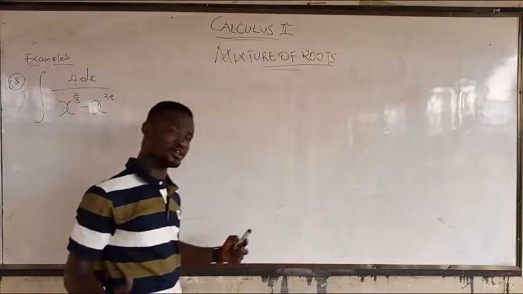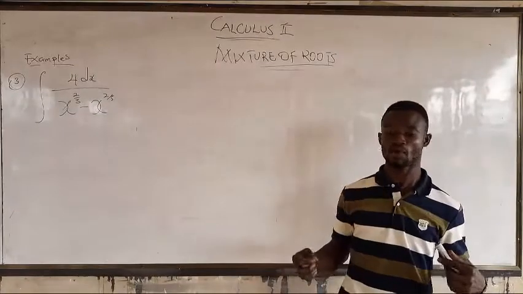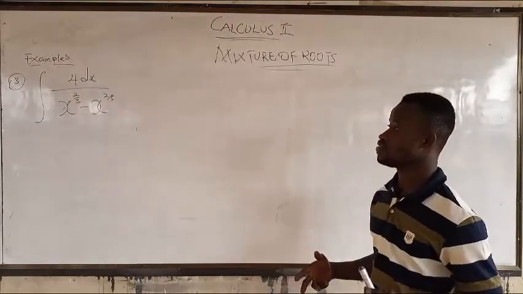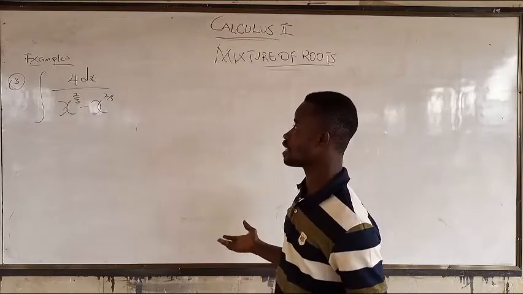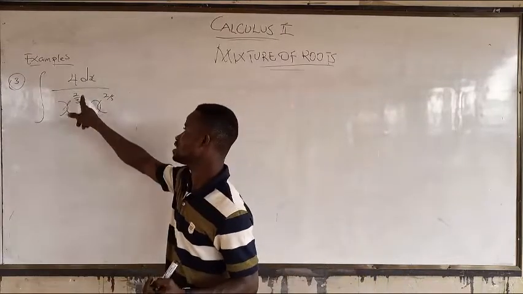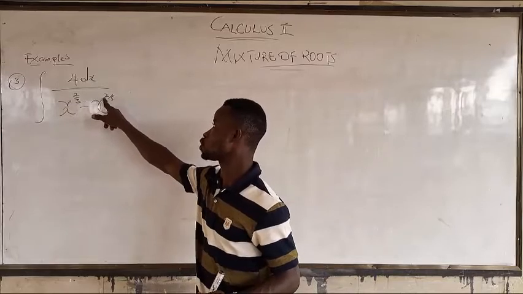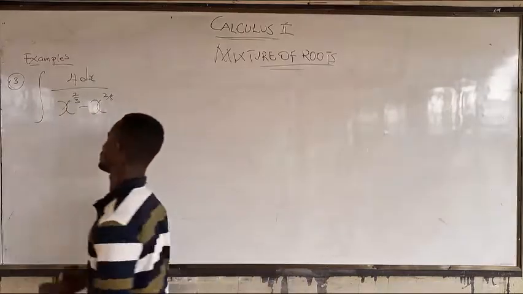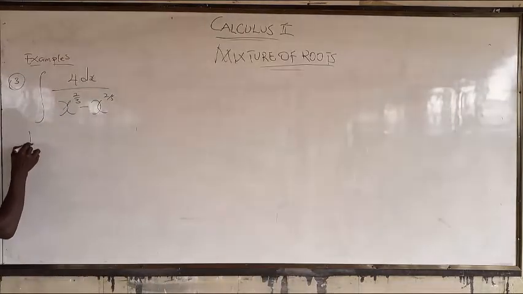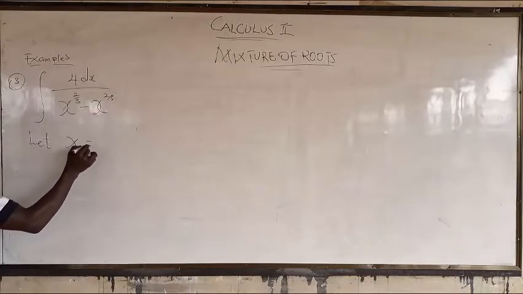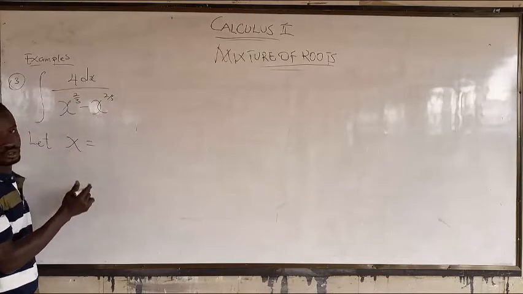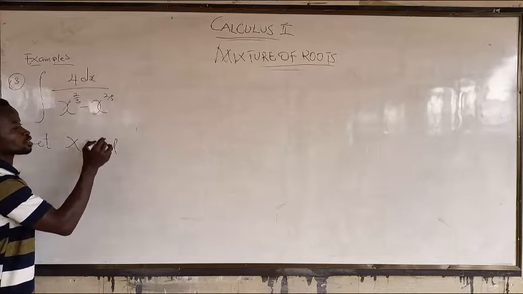Alright, so we look at our third example, and you can pause the video and try your hands on it. Very good. So, you know the first principle, don't forget that here is 2 over 3, here is 2 over 5. Alright, so we let x, which is the inside of the root, be equal to u raised to the power.